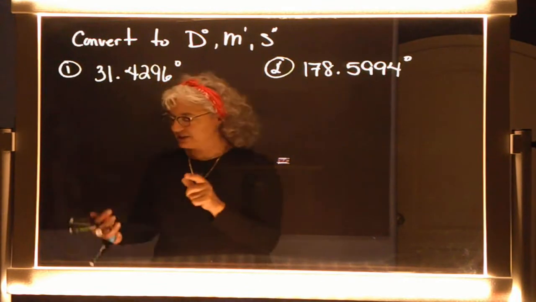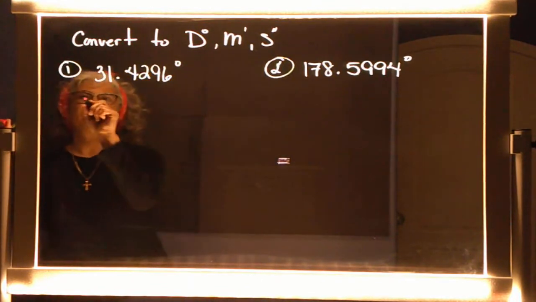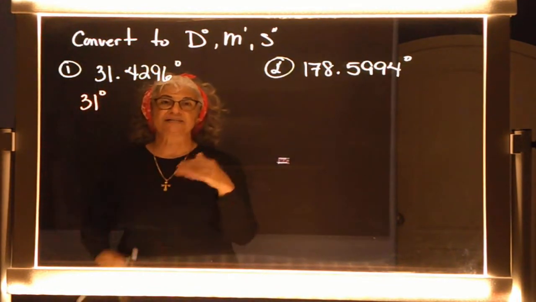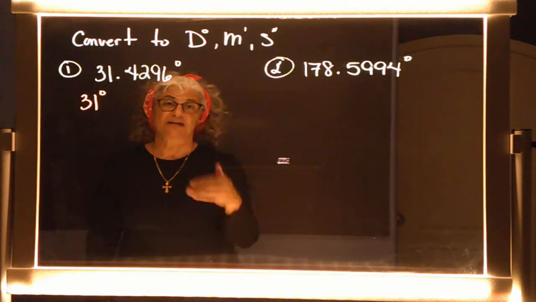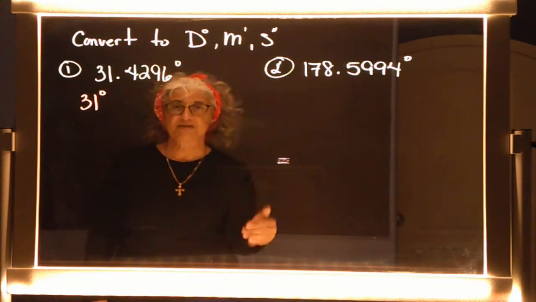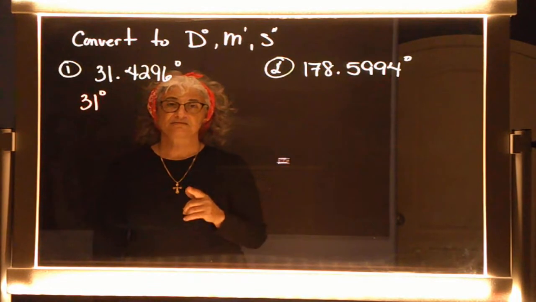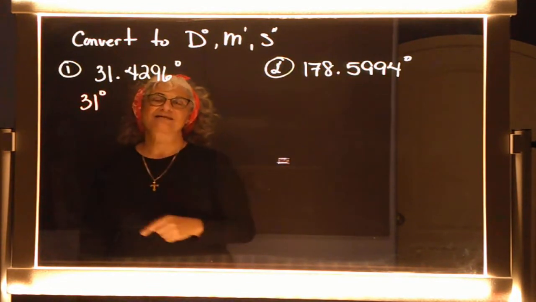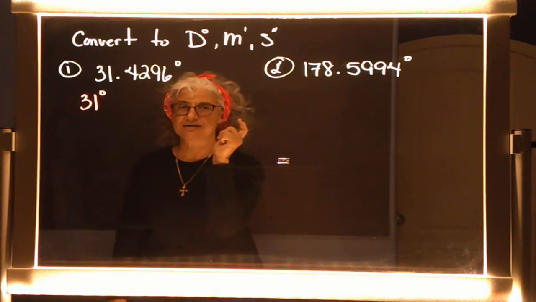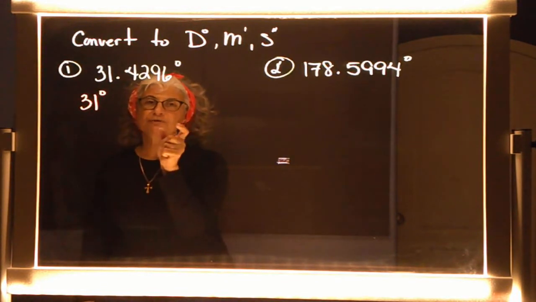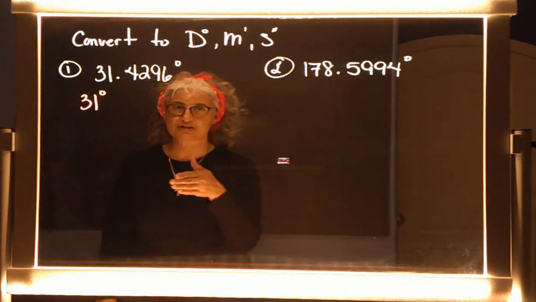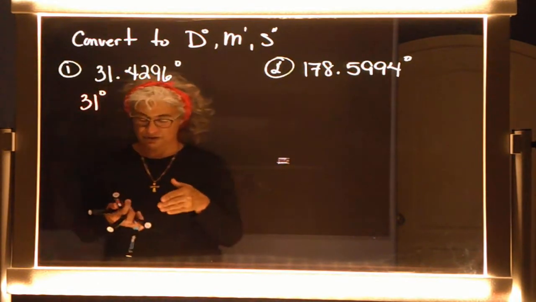So, one thing we need to understand is we already have 31 degrees. And what we need to do is find how many minutes there are, and then seconds, because seconds is smaller than minutes, and minutes is smaller than degrees. So, I'm going to take this decimal, this 4,296 10,000ths degree, and I'm going to convert it into minutes, because minutes is just below degrees.